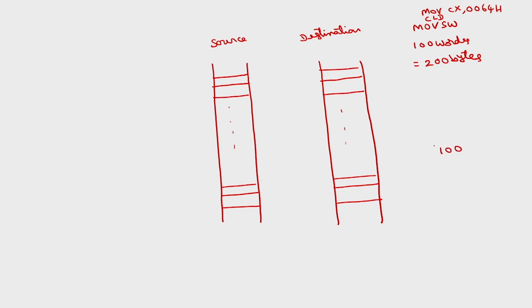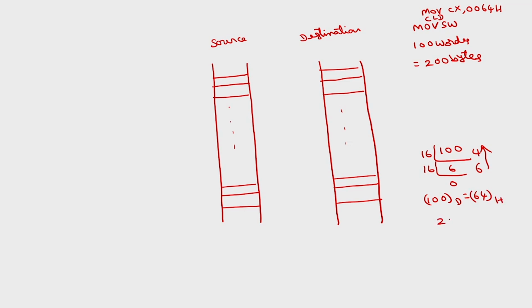How to convert this decimal number to hexadecimal number? You have to divide by 16. 16 sixes are 96, remainder 4, 16 zeros, 6. So, that is why this is 64H. 100 decimal is equal to 64 hexadecimal.